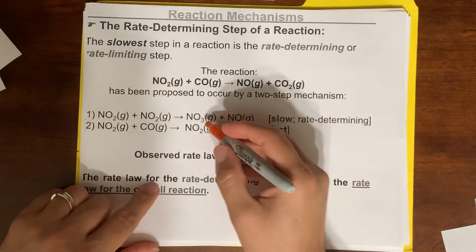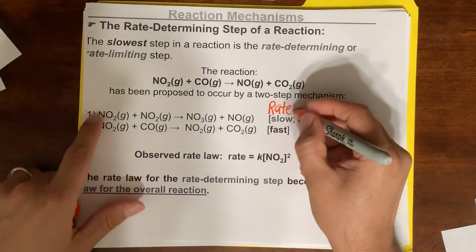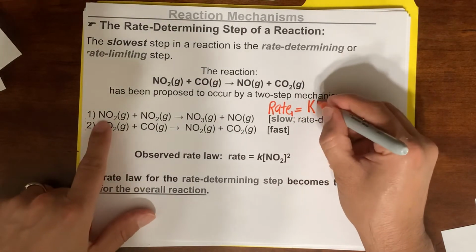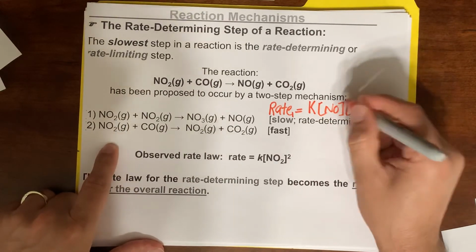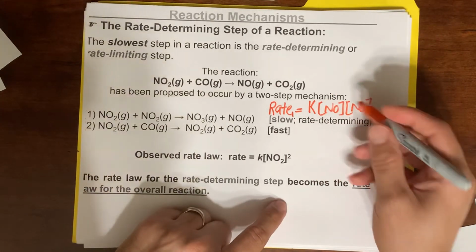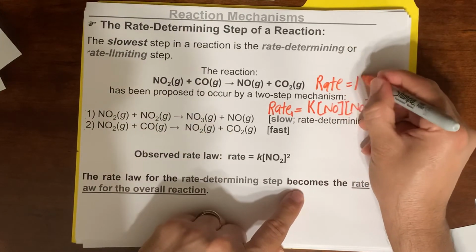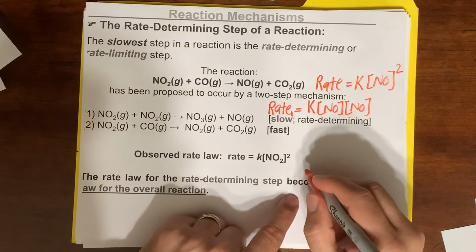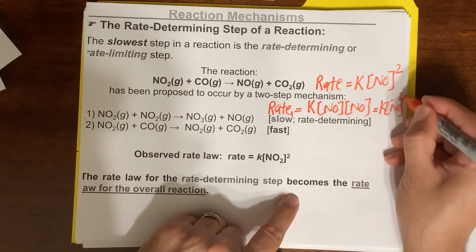The rate law for step number 1 will be k multiply NO2 multiply another NO2, so it will be k[NO2]^2. So the rate law for the overall reaction will be k[NO2] to the second.